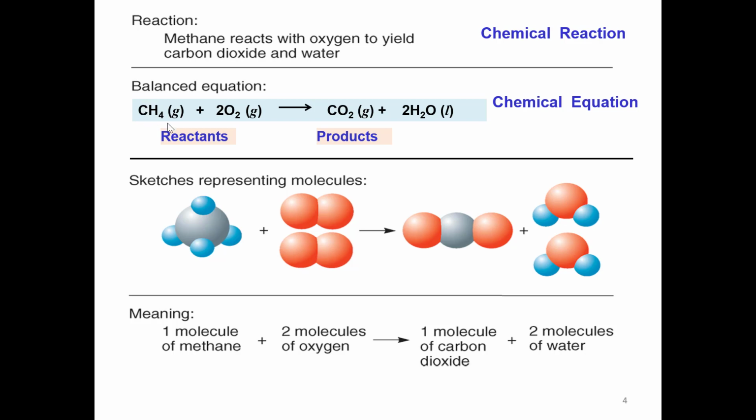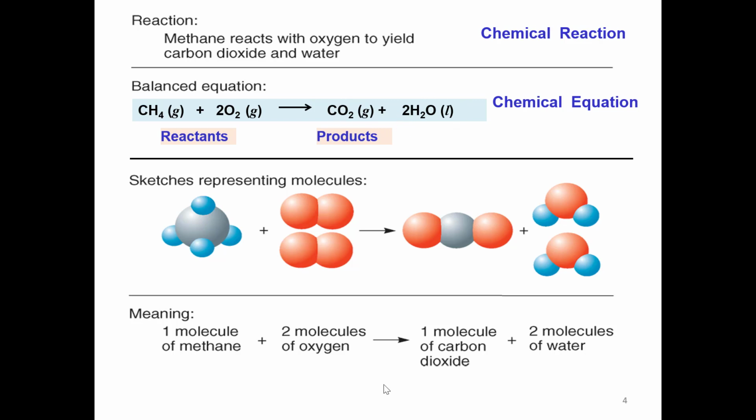We can also describe the chemical reaction using an equation. We can see the equation has two parts, the reactants and the products. In this case, in the reactants part, we had methane and oxygen, and they react to form carbon dioxide and water.